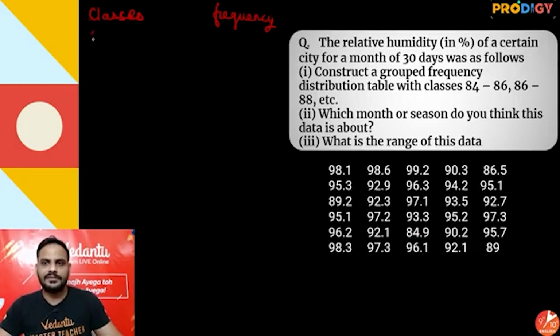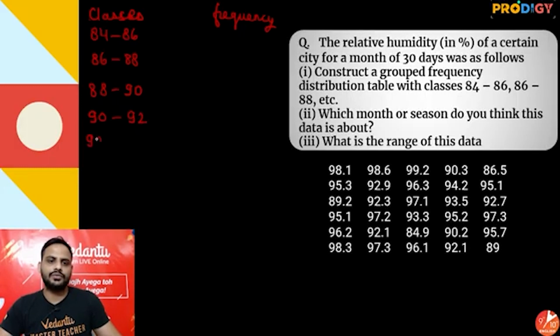So I'll say the classes which I have to make are 84 to 86, then 86 to 88, then 88 to 90, then 90 to 92, then 92 to 94, 94 to 96, 96 to 98, and 98 to 100. है ना?